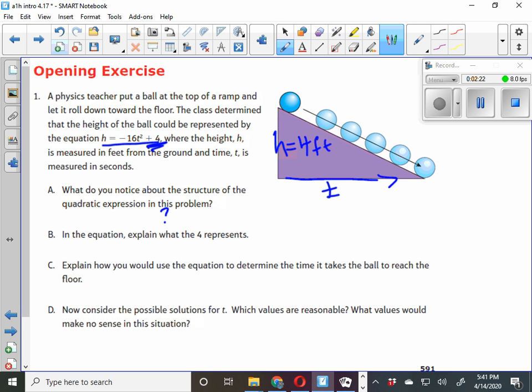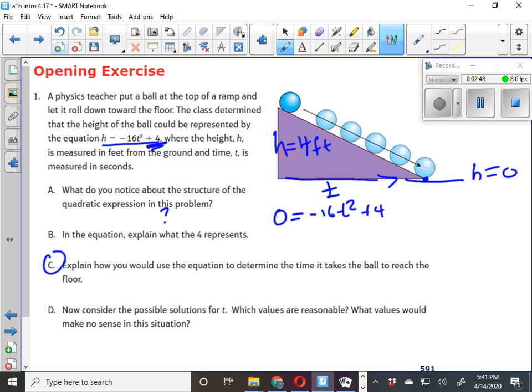We know that when it hits the floor, h now is 0. So we would like to solve and set h to 0. If I'm working on C right now, if I say 0 is equal to negative 16t squared plus 4, what we know is that we could factor out a common factor and go from there.